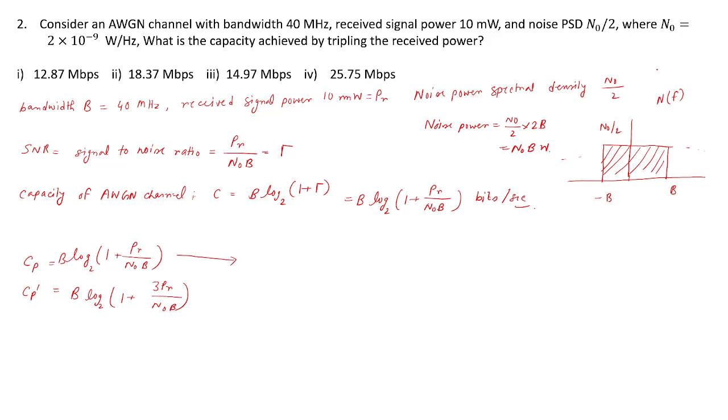By the way, the value of N0 is 2 into 10 to the power minus 9 watt per hertz.